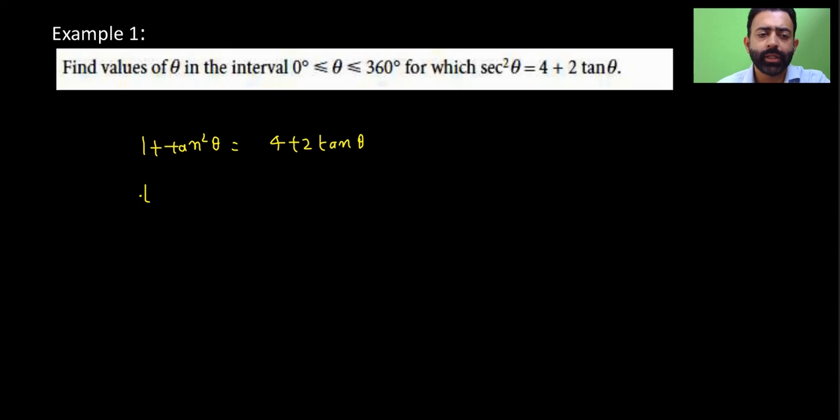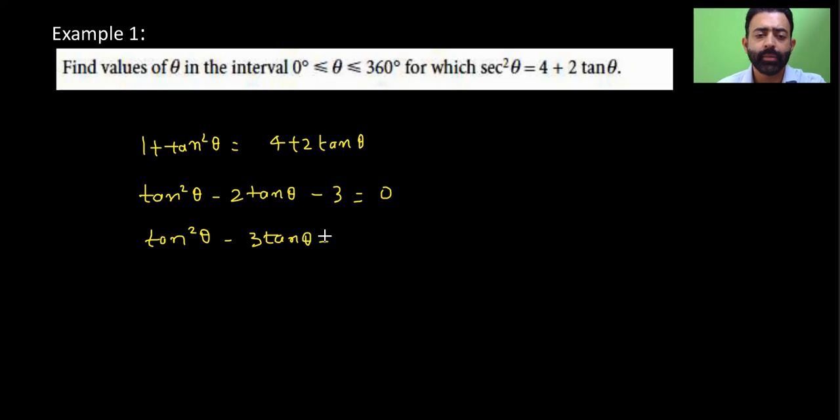So tan square theta minus 2 tan theta, 1 minus 4 is minus 3, equal to 0. So tan square theta minus 2 tan theta minus 3, I can factorize this: tan square theta minus 3 tan theta plus tan theta minus 3 equal to 0.